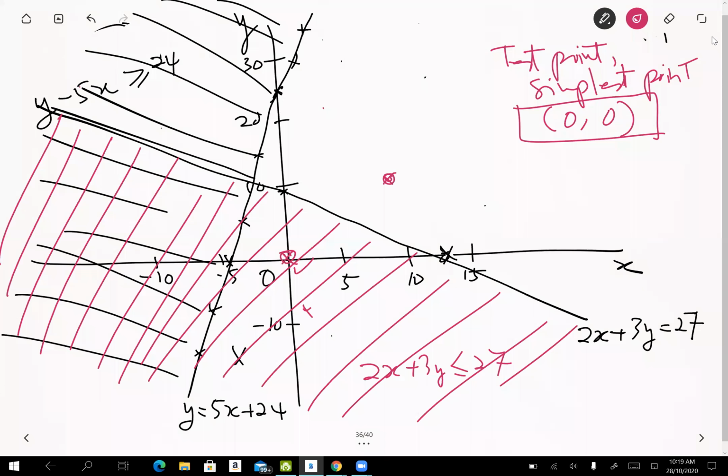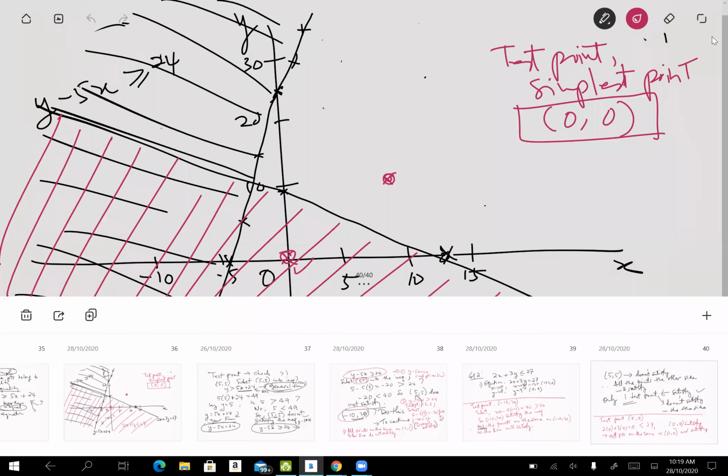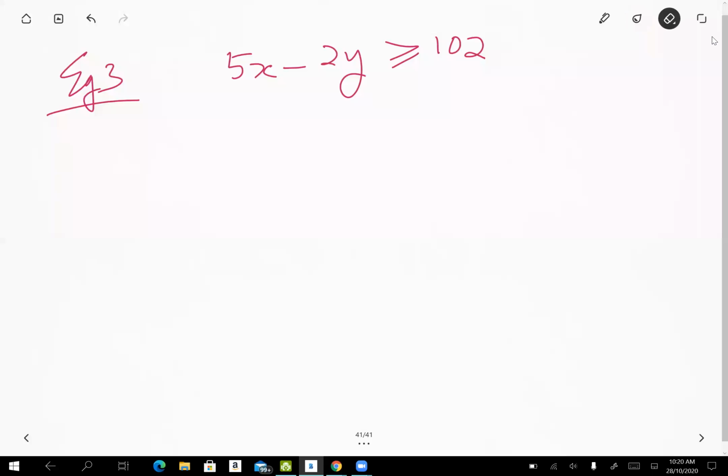Okay, do this one. Example 3. We have 5x minus 2y bigger or equal to 104.